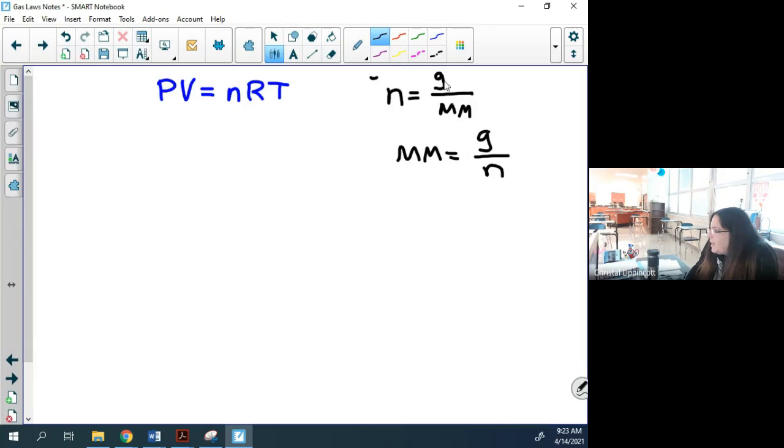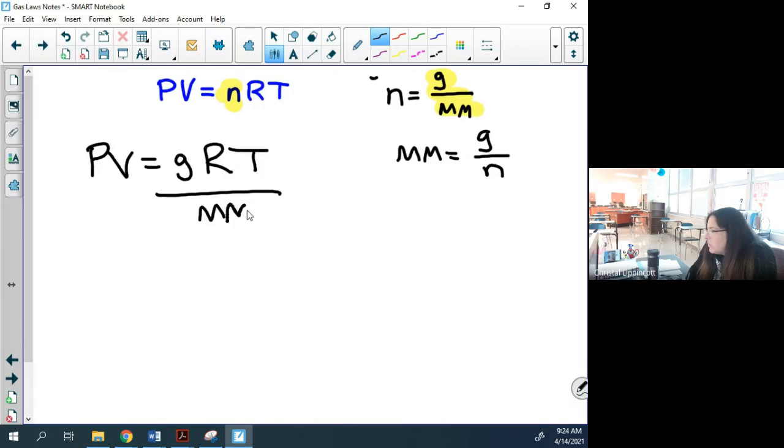So I can sub in for this N value here, in place of this. That makes sense? So PV equals mass in grams times RT over molar mass.